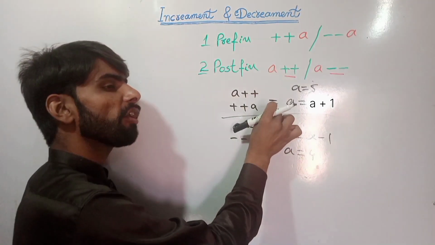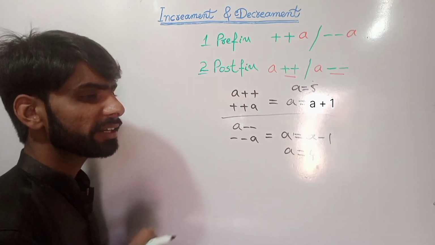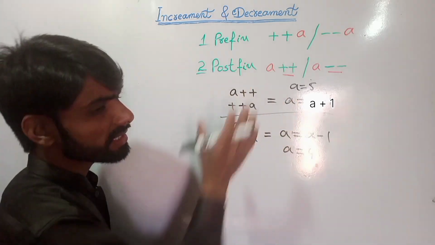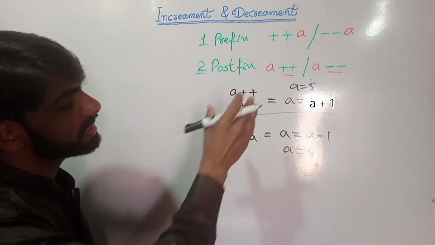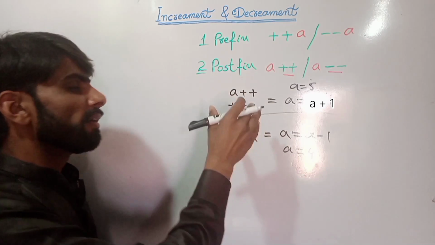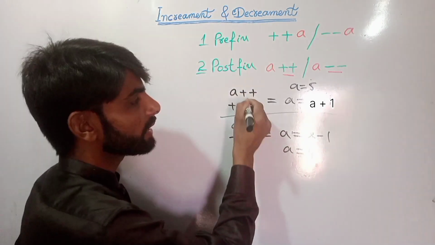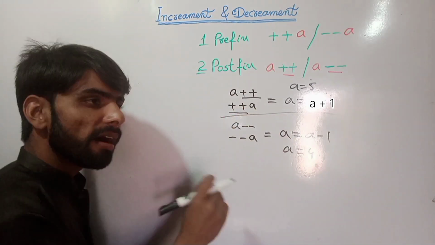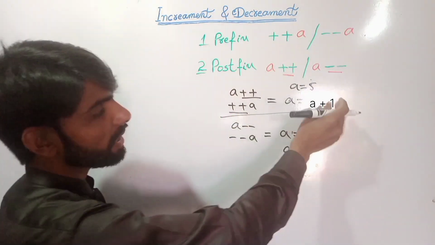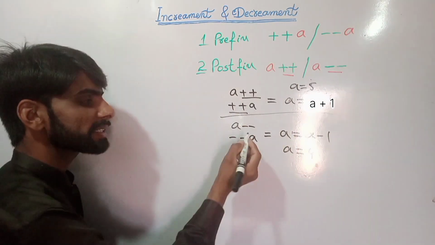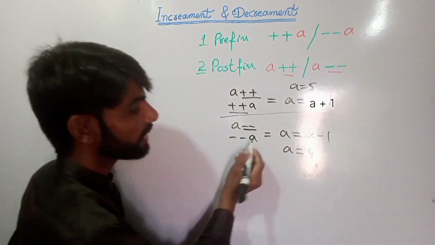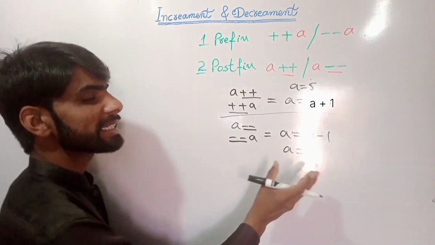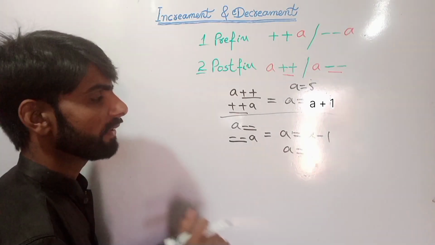And in the case of increment, it always increases the value by 1, whether you write the increment operator after or before the variable. And with decrement, whether you write the operator after or first, it will always decrease the value by 1, right?